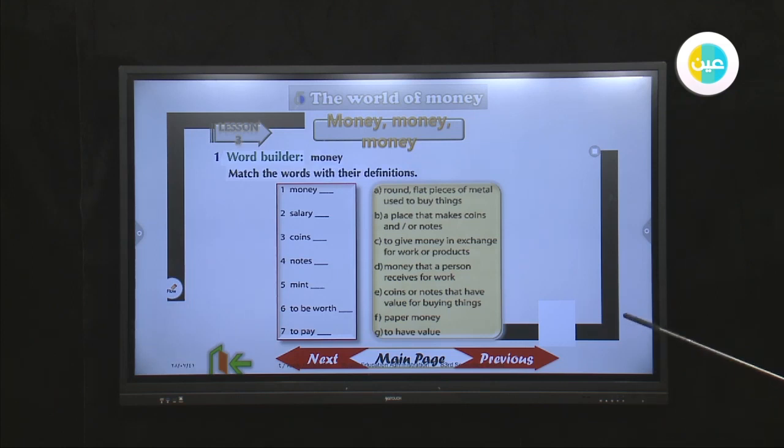Let's see for money. How can we define it? We can say E, coins or notes that have value for buying things. What about salary? We can say D, money that a person receives for work. Coins, round flat pieces of metal used to buy things. It is A.